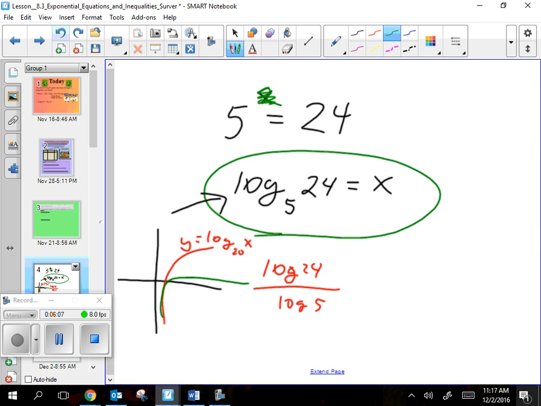But the bigger the base, the sharper the turn. So this one's probably more just like 2. Or what's that base that's actually a letter, but it's actually a number? E. And E is about 2.7. Do you get how that's pretty close to 2? And I usually have you round E to about 3. Okay. It'll still look kind of like that.